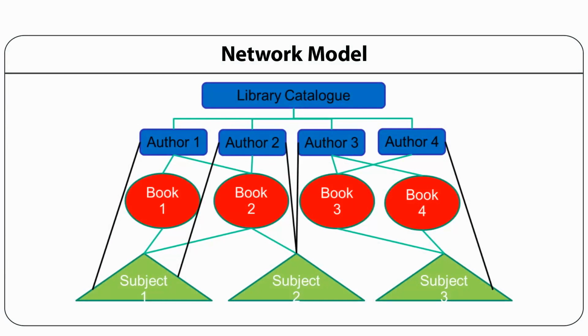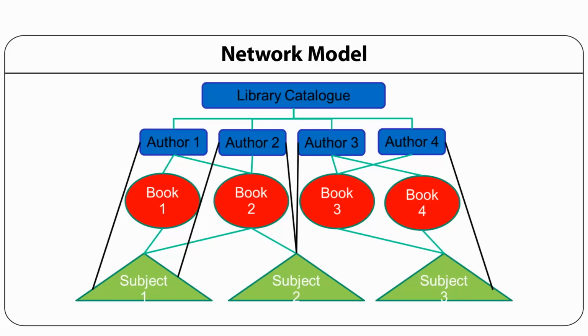Network model. This is a very important model. We have shown a diagrammatic representation of a library catalog. In this model, there are different authors like author 1, author 2 and author 3, and so on, and these authors have written several books. In a network model, one author can write more than one book. For example, author 1 has written book 1 and book 2.